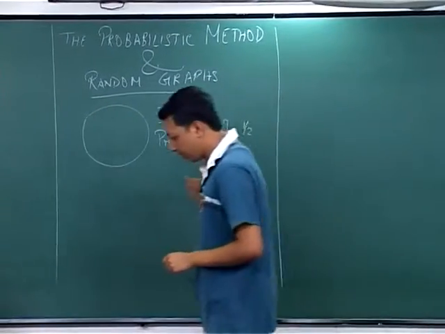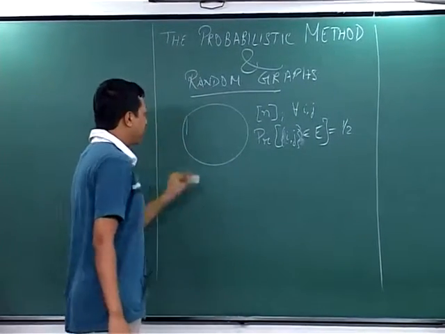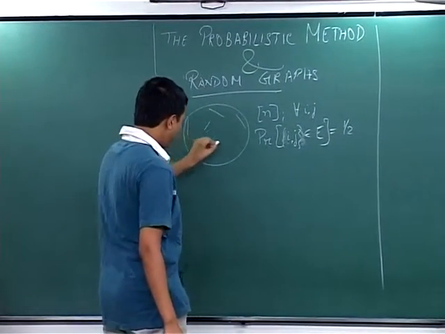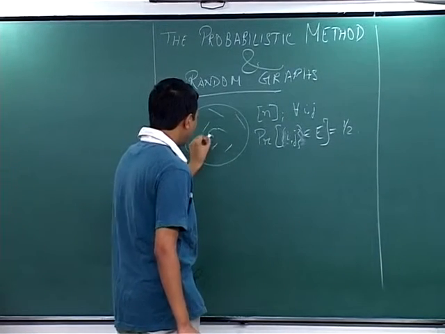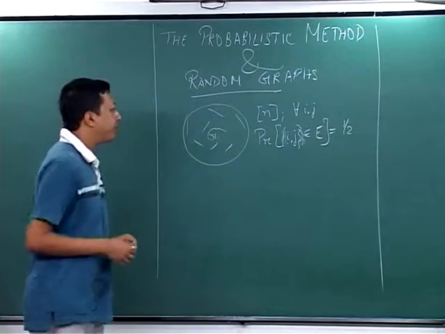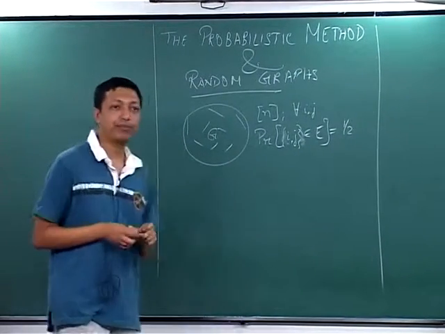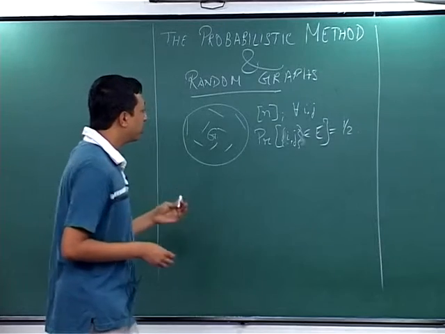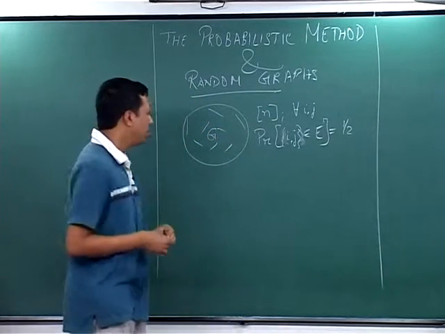This is really an example of random graphs. So what you will have is some kind of graph, not a particular graph, but a distribution over the set of all n vertex graphs.